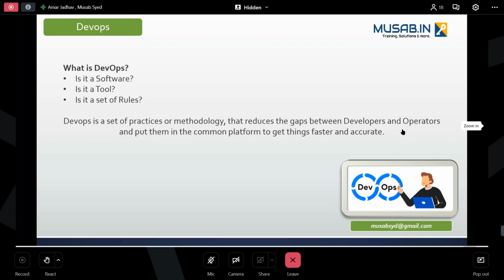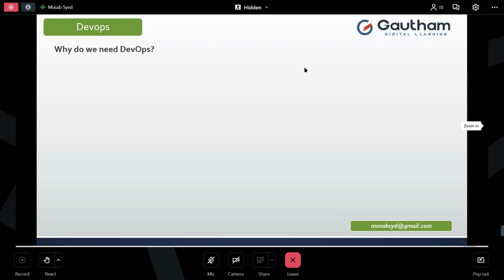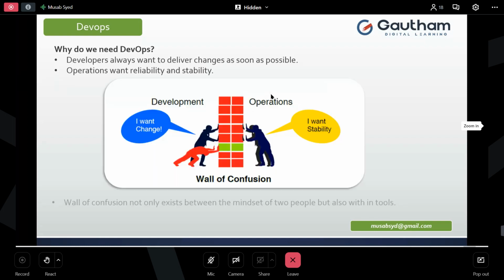All right. Now, when it comes to DevOps, guys, there is one more thing. Why do we actually need it? I already explained that because there is always a gap of confusion. We call it the wall of confusion. Why? Operators think that the developer did not develop the software properly.